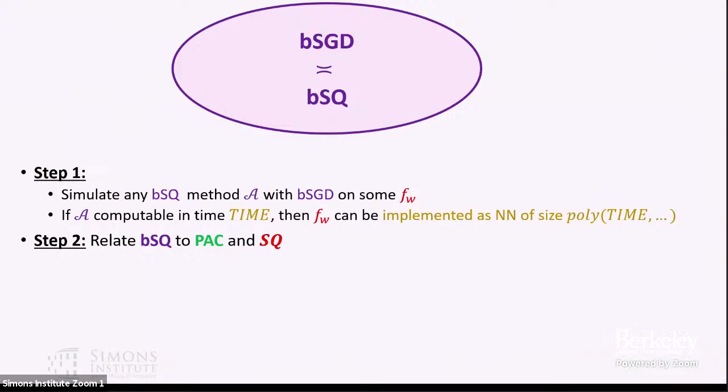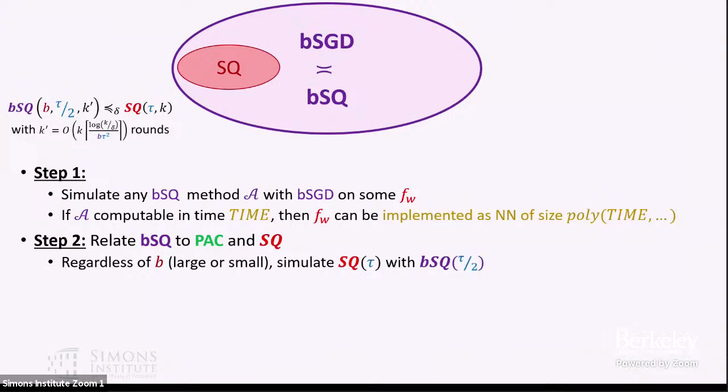First of all, it's pretty easy to simulate SQ using minibatch SQ. For any SQ algorithm that expects answers within some tolerance of the population value, I can simulate any answer by averaging a bunch of minibatch SQ queries, as long as the numerical tolerance is not any worse than the tolerance required.